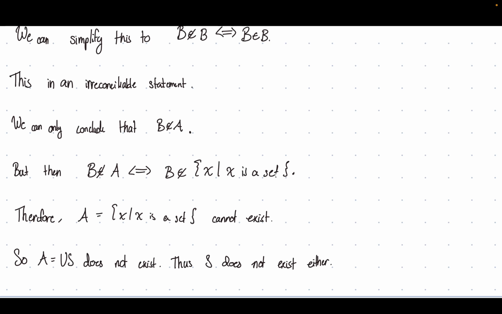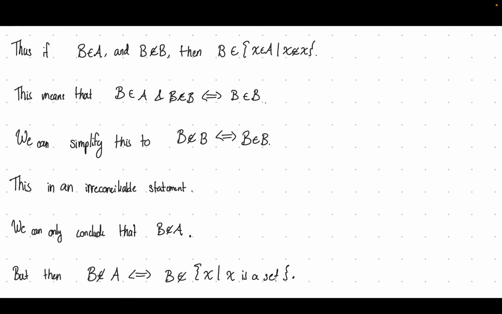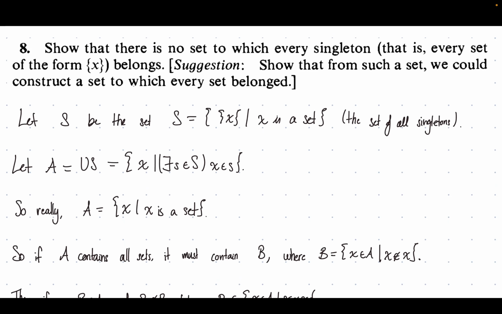That was our initial starting point for the contradiction. So that is what we conclude. Therefore, there is no set to which every singleton belongs. This set does not exist.